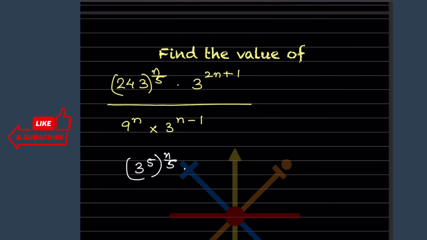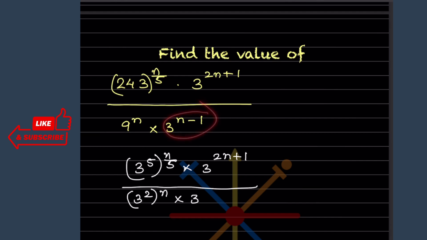And again we can do this dot means that is the multiplication. Let us write this the same, divided by this 9 can be written as 3 raised to 2 and that n as it is, and this again the same.